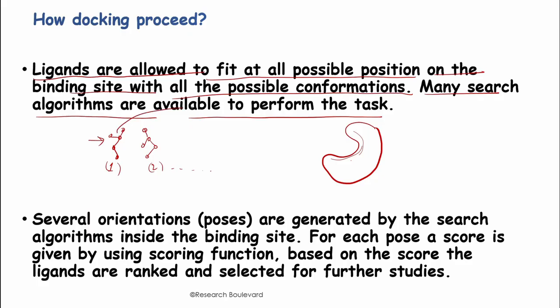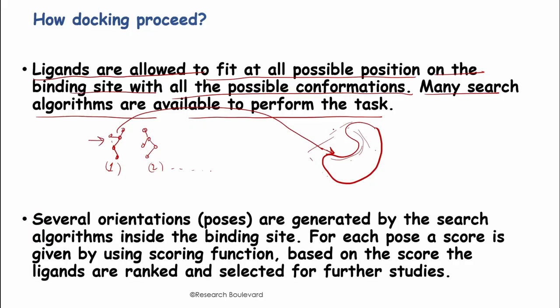The same thing it will continue with the second conformer. We'll look at different positions, right? So if you read again, ligands are allowed to fit at all possible positions on the binding site with all possible conformations. For all possible conformations, we will look for the fitting inside the active site pocket.